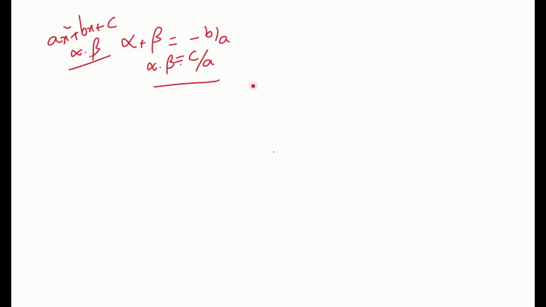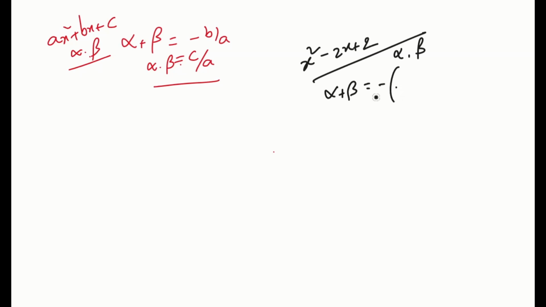What is our actual equation? So x square minus 2x plus 2, right? So we know that a equals 1, b equals minus 2. The sum of the roots, alpha plus beta, equals minus of minus 2 by 1, that's nothing but 2, right?